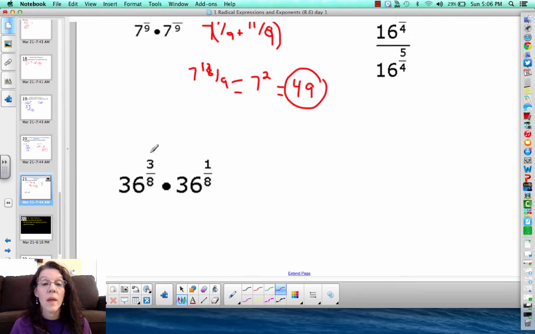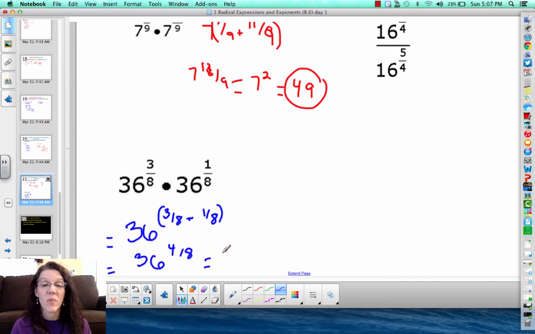All right. Again, when we're multiplying like bases, we add their exponents. So that becomes 36 to the 3/8 plus 1/8. Well, 3/8 plus 1/8, I can add those two together. That equals 36 to the 4/8.